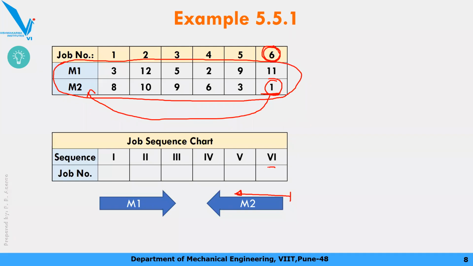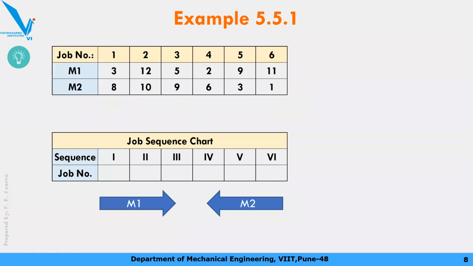So we should assign the 6th job on the 6th sequence. This will be the last job. Okay, so you follow this methodology, and you cross out that job number 6 is given at the 6th location. The sequence is last, so we crossed it out.